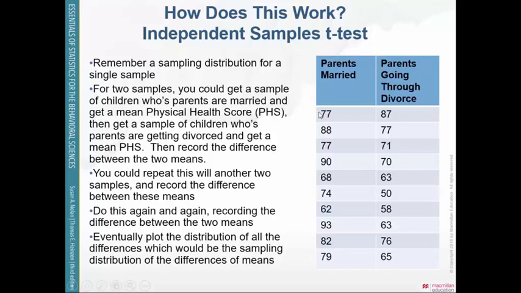And so this first individual whose parents are married got a 77 in their physical health score. Maybe this is some kind of questionnaire they fill out. And this next person got an 88, the next person a 77. And then remember that this group is all different people. These are children whose parents are going through divorce, and these are their scores.